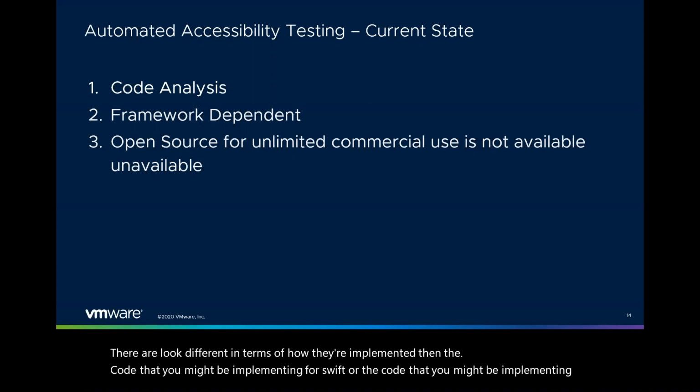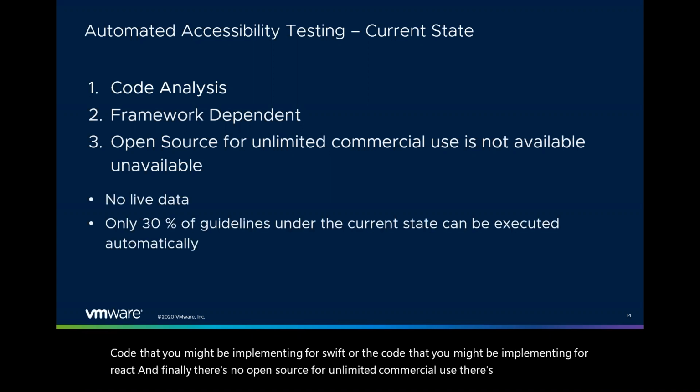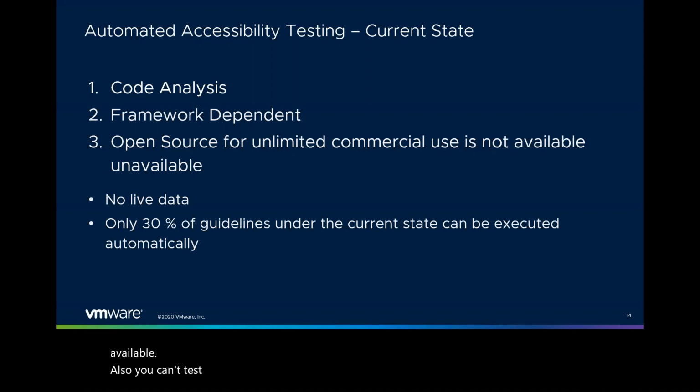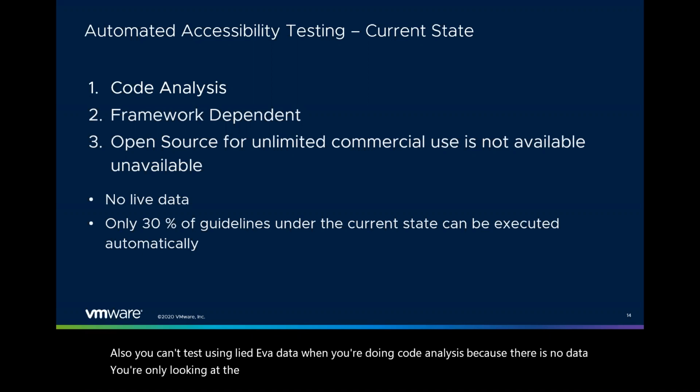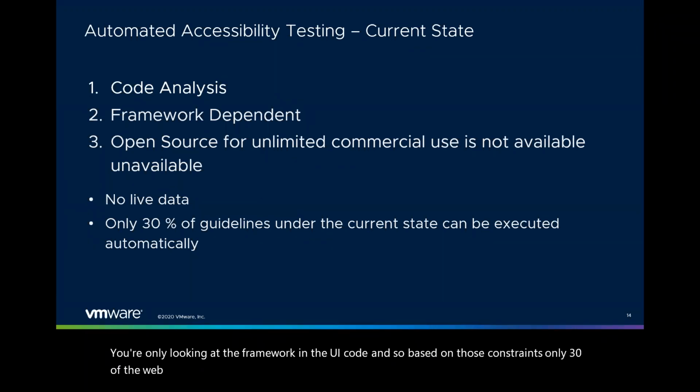Finally, there's no open source for unlimited commercial use. There's nothing available. Also, you can't test using live data when you're doing code analysis because there is no data. You're only looking at the framework and the UI code. Based on those constraints, only 30% of the Web Content Accessibility Guidelines for 2.1 AA can be executed automatically.